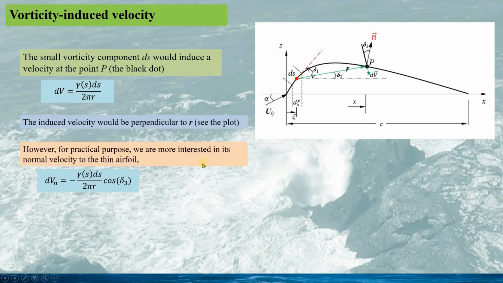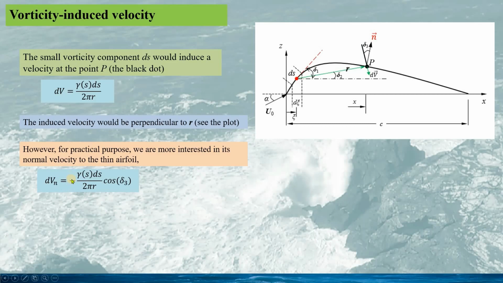However, for practical purposes, we are more interested in the normal velocity at the point P, which would be given by this. Here, theta 3 is the angle between the induced velocity and the normal direction.